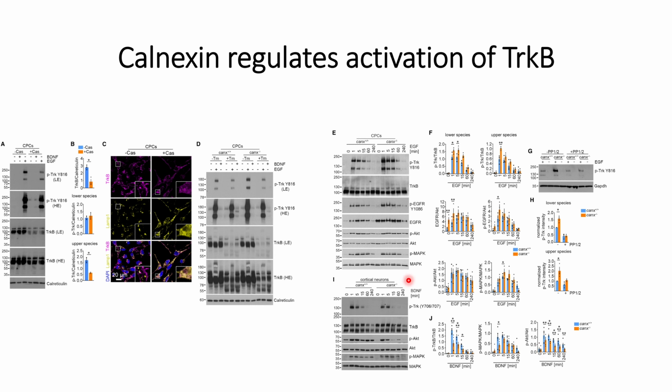This indicates that all this data in general indicates that Calnexin plays important roles toward TrkB activation in the presence of this EGF. However, BDNF does not have too much role towards the activation of this TrkB at lower activity levels when the cells are at lower basal conditions.